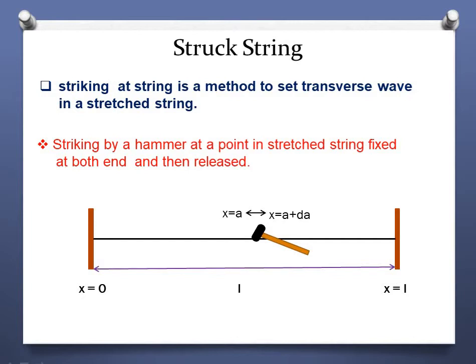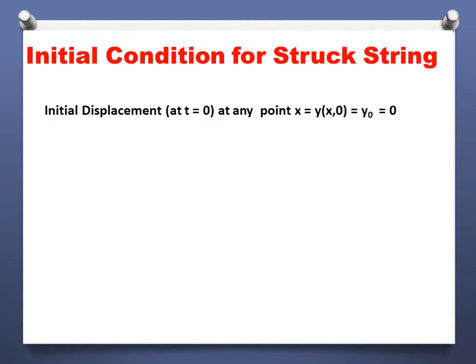So let's first discuss what the initial conditions will be in this kind of setup. The first initial condition you can easily guess: we are not giving any displacement to the string. So at time t equals 0, the initial displacement will be 0.